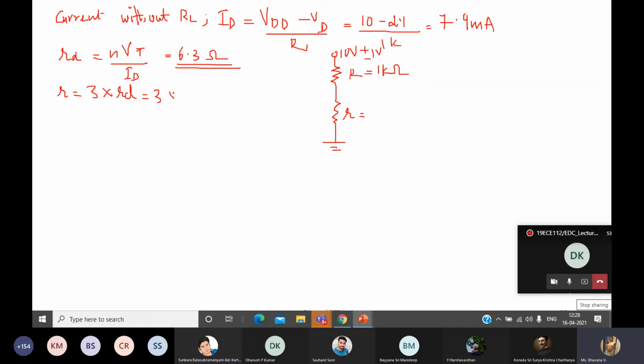So 3 into 6.3, which is equal to 18.9 ohms.